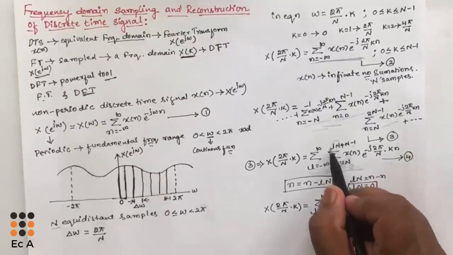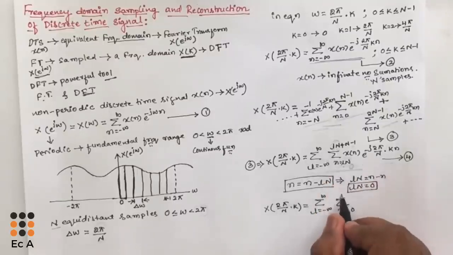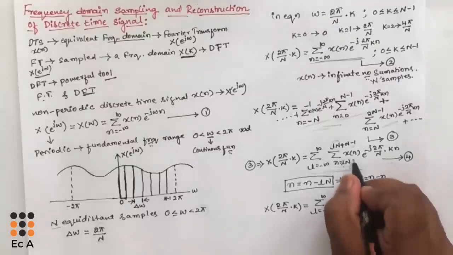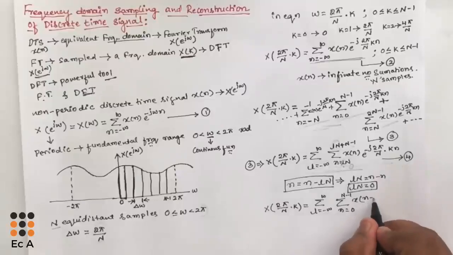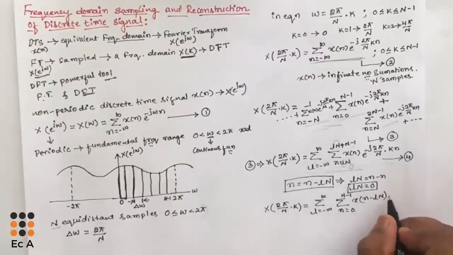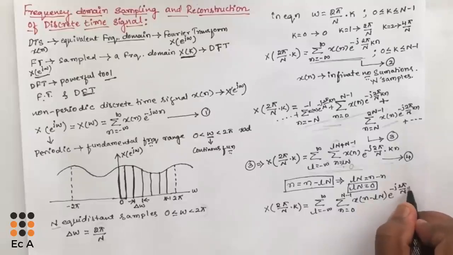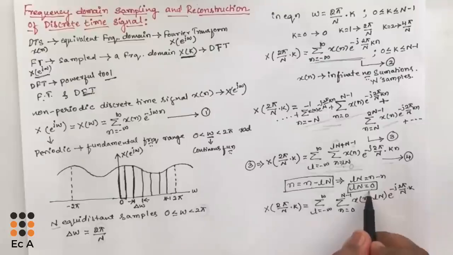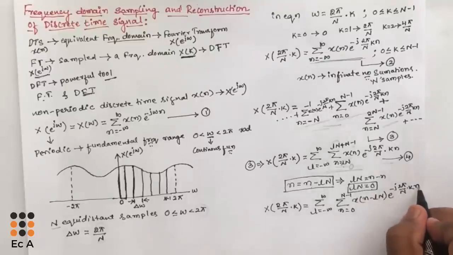Again in the upper summation, if you put ln is equal to 0, it will be N minus 1. X of n is replaced with n minus ln, e to the power of minus j 2 pi by N into k, n. N minus ln value is 0. So we will write n.